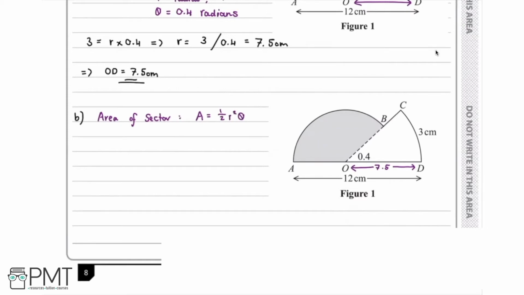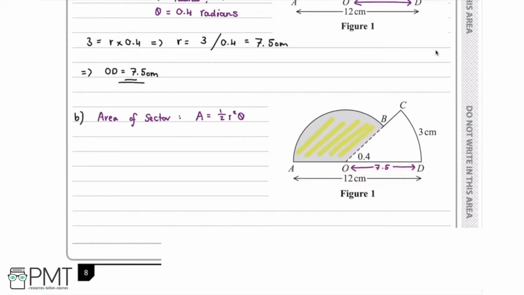So now we look at our diagram and we see we're being asked to work out the area that I'm shading in yellow here. So there's two things that stick out to me. So we know that the total length from A to D is 12 centimeters, but we know that from O to D, it's 7.5 centimeters.